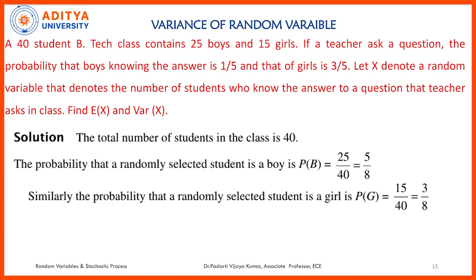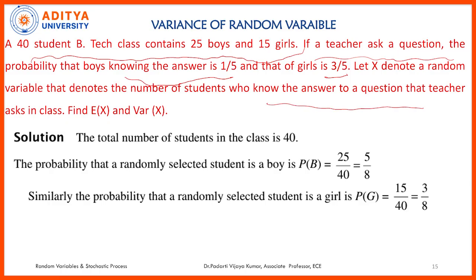For example, let us see one problem which is related to a practical scenario. A 40 student class contains 25 boys and 15 girls. The teacher asks a question; the probability that a boy knows the answer is 1 by 5, and the girl knows the answer is 3 by 5. Let x denote the random variable that denotes the number of students who know the answer to the question the teacher asked in class. Find the expectation of x and variance of x. So the total number of students in the class is 40.